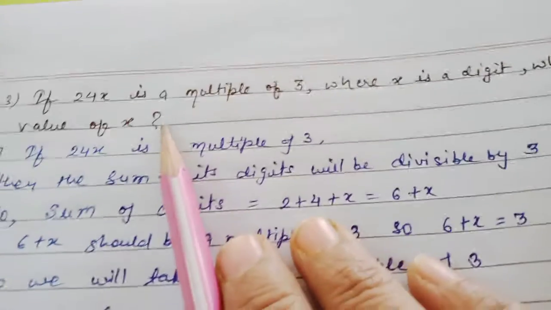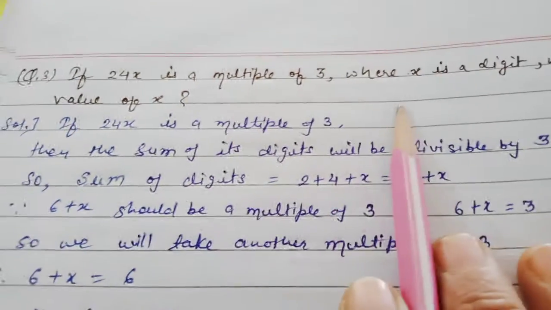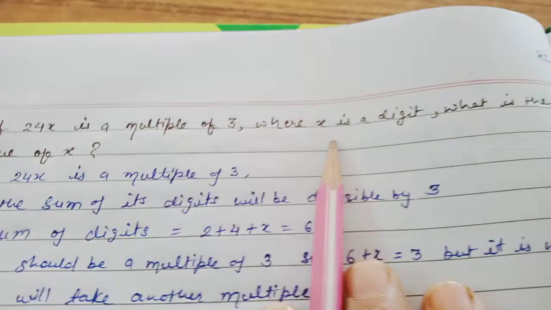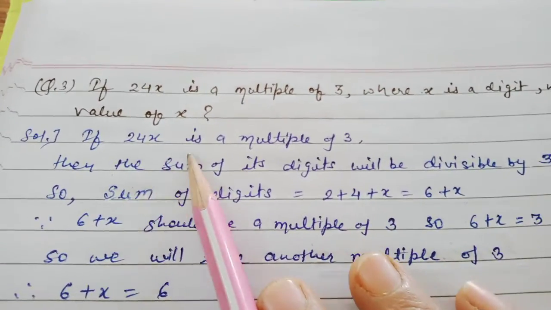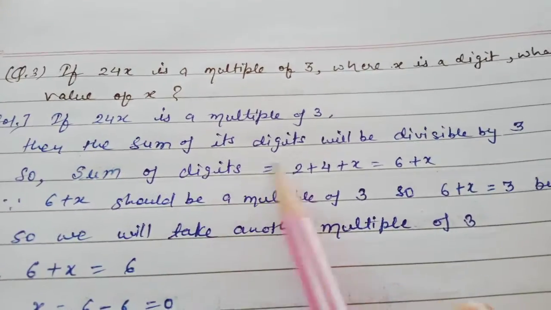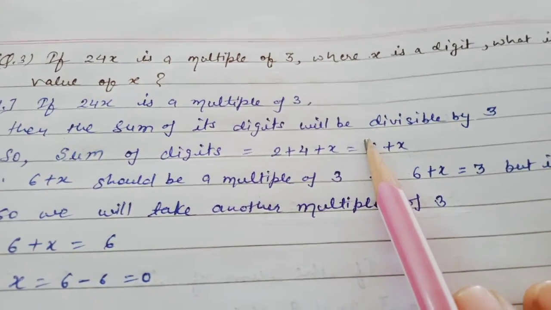The next question, question number 3, is: if 24x is a multiple of 3, where x is a digit, what is the value of x? If 24x is a multiple of 3, then the sum of digits will be divisible by 3.